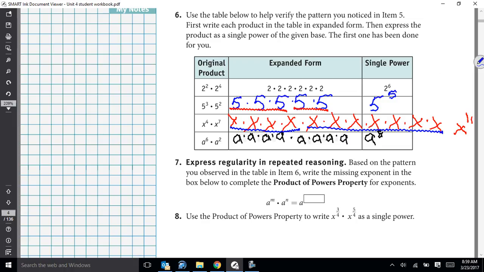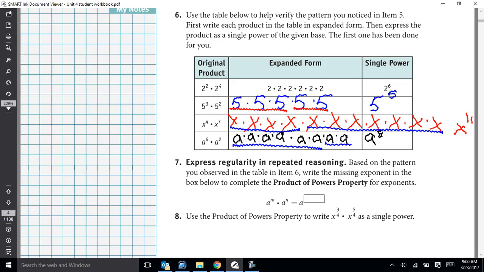And then the last one, we have our a to the 6th, which are those first 6, and then a squared are the last 2. So when we look at it as a complete set multiplied together, we have a to the 8th, so we have 8 a's being multiplied continuously. All right, so that was a review, right? You guys have done all of that before, right?